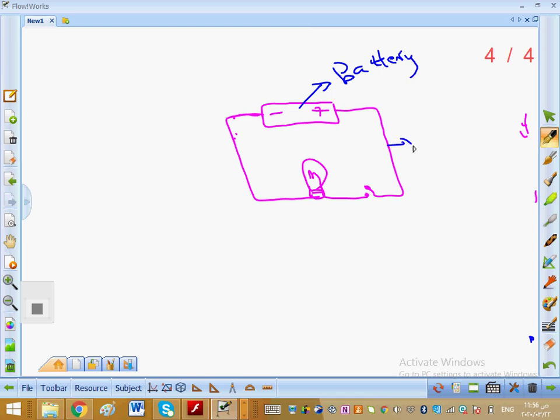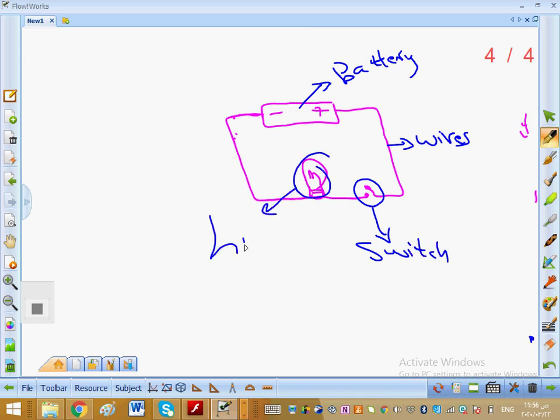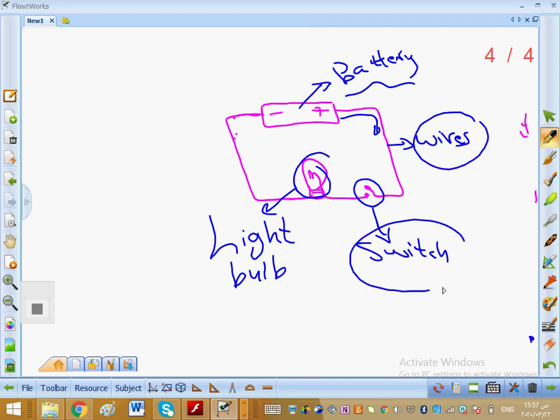Then, to make a simple circuit, we know we need battery or source of energy, we need wires or good conductors, we need a switch, and we need light bulb. The job of battery to provide this circuit with electric charges, then wires to conduct electric charges, then switch to open and close the circuit.